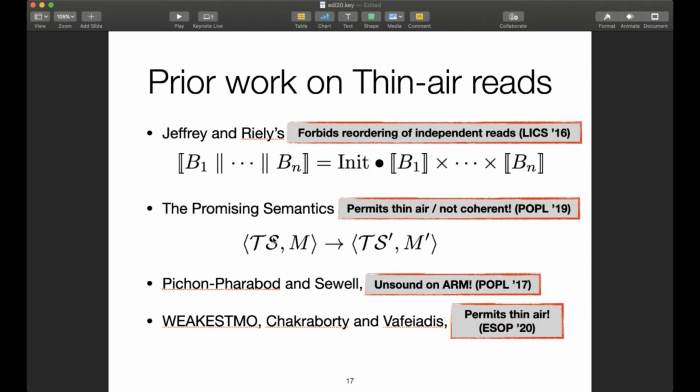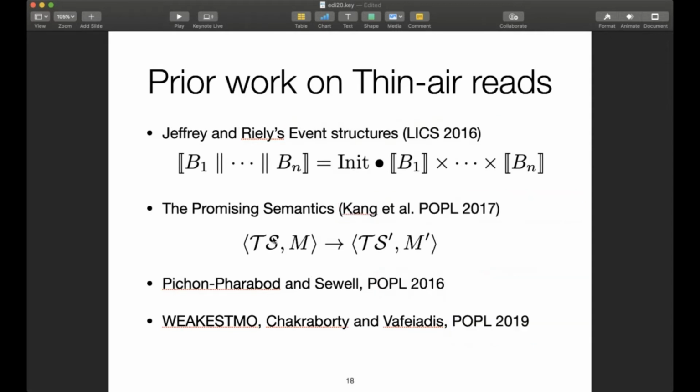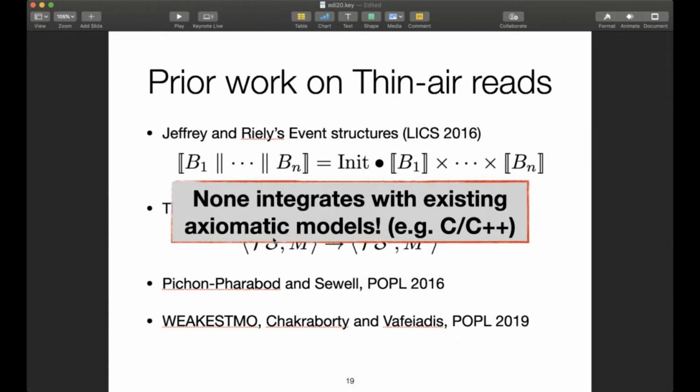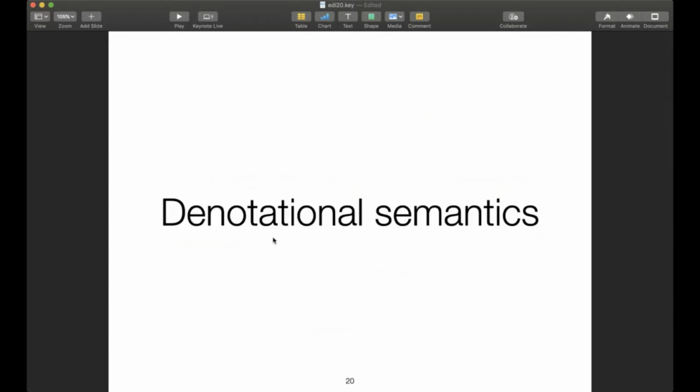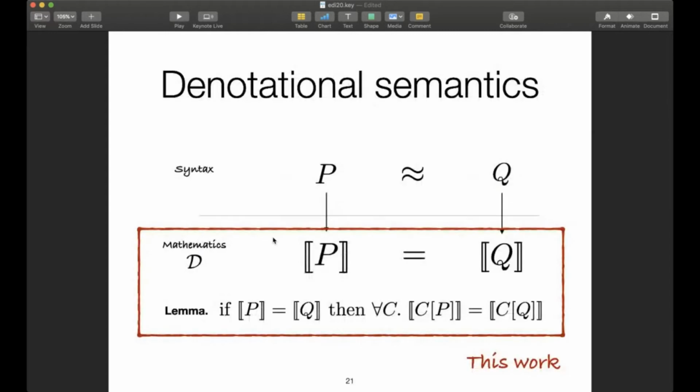So our semantics behaves better in all of these ways. And really valuably, our semantics integrates well with existing axiomatic models, so it is palatable to the C and C++ people.